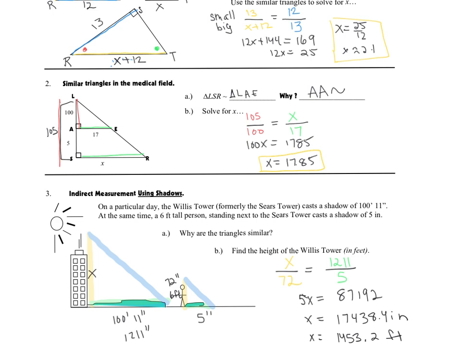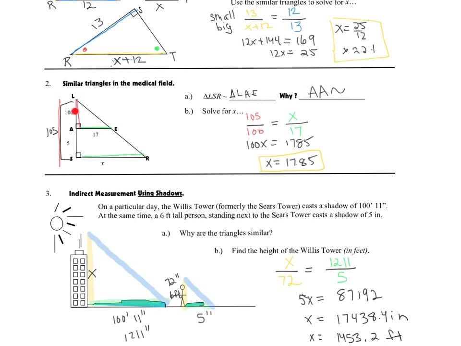If we think about our similarities, if we look at the larger triangle, LSR, compared to the smaller triangle, they have angle L that is congruent to itself, obviously, and then they have a right angle here in S and a right angle here in A, and so that tells us these would be similar by angle.